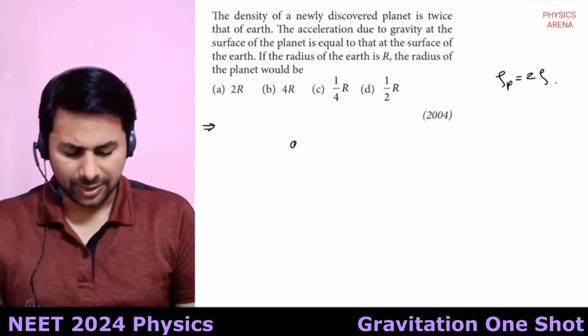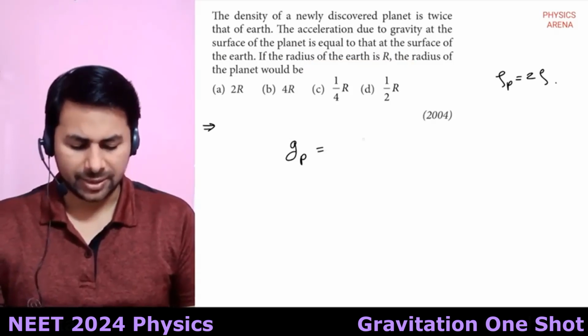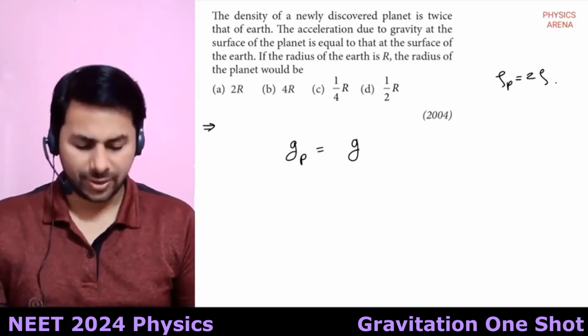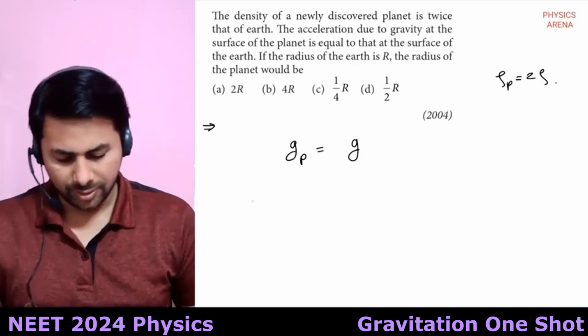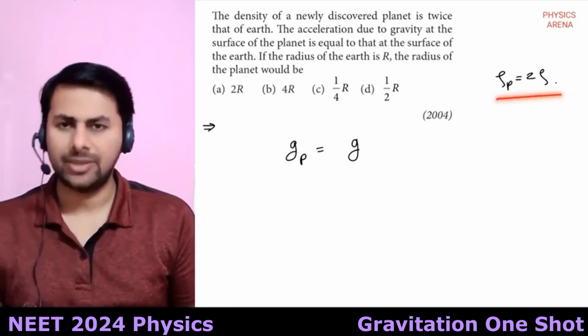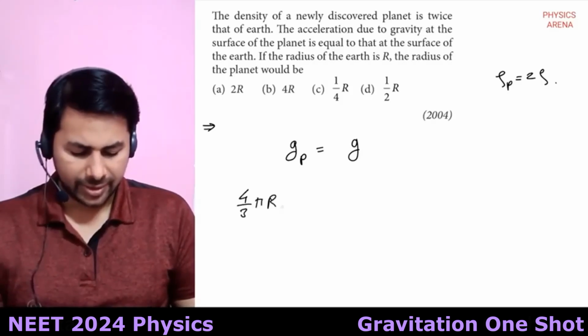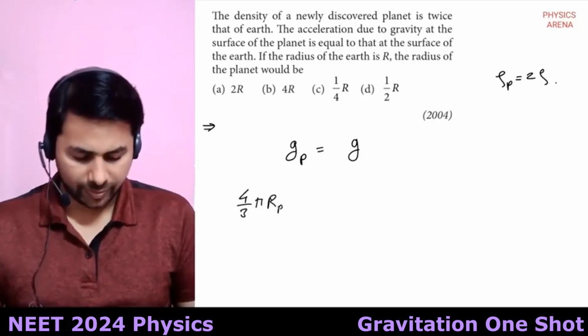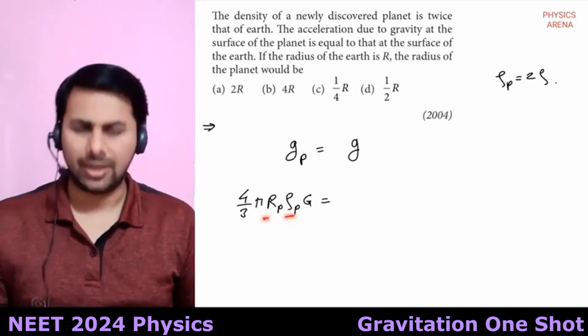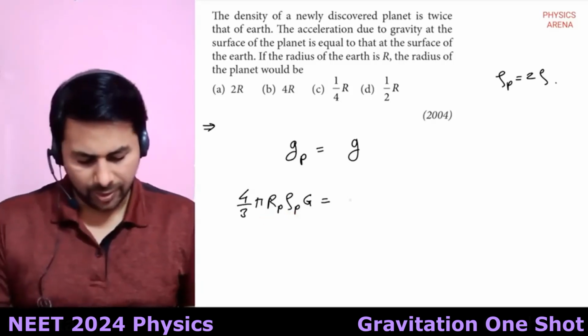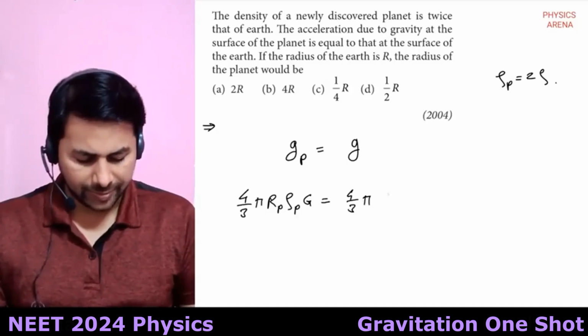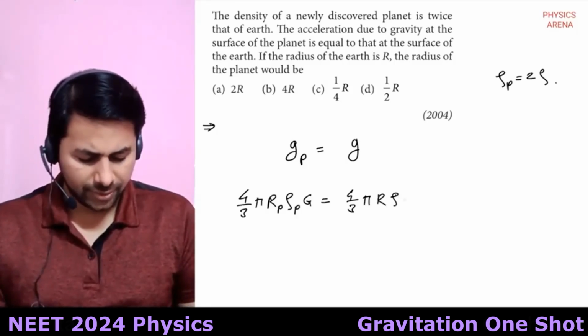So this is simple. Acceleration due to gravity on the planet is equal to acceleration due to gravity on Earth. Because it is in terms of density, we'll use this formula: 4 by 3 pi r rho g. For the planet I have put suffix p, and for Earth, 4 by 3 pi r rho g.